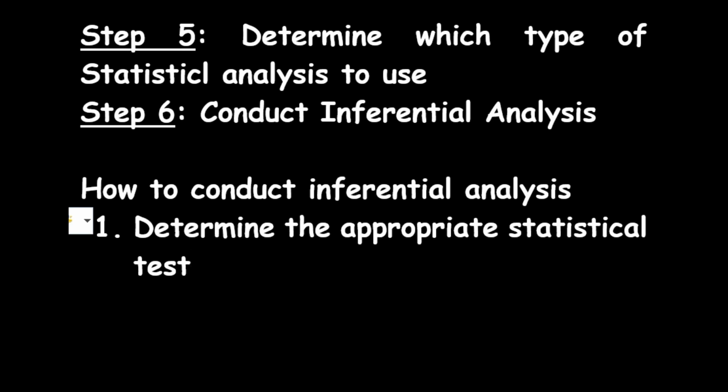This involves considering factors such as the level of measurement of your variables, whether your data are paired or unpaired, and whether your data meet the assumptions of parametric tests. 2. Import your data.